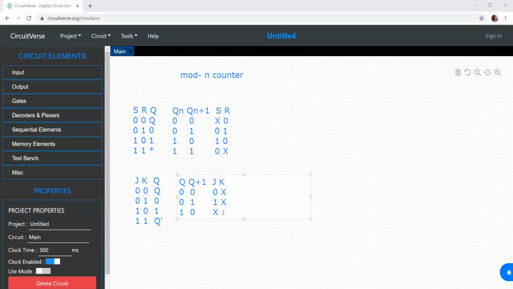The last combination is 1 and 1, which gives X and 0. This is the excitation table for JK flip-flop.